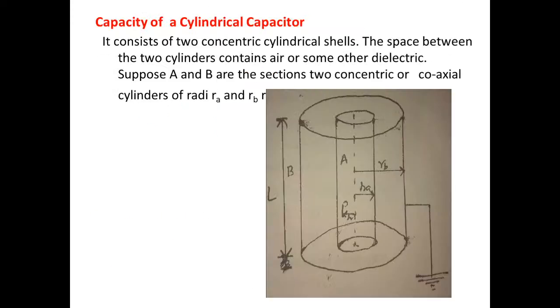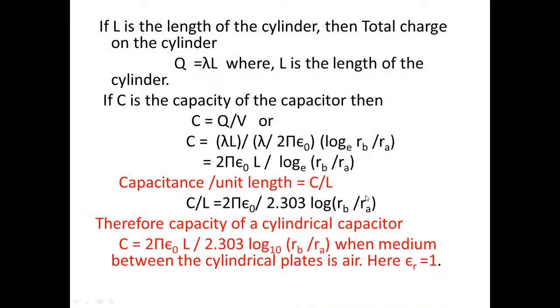If L is the length of the cylinder, then total charge on the cylinder Q will be equal to lambda into L, where L is the length of the cylinder.